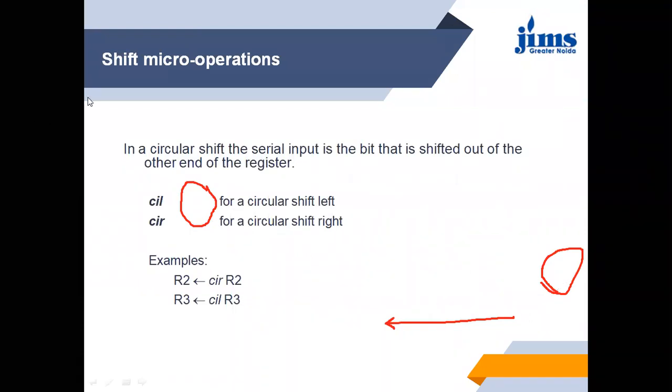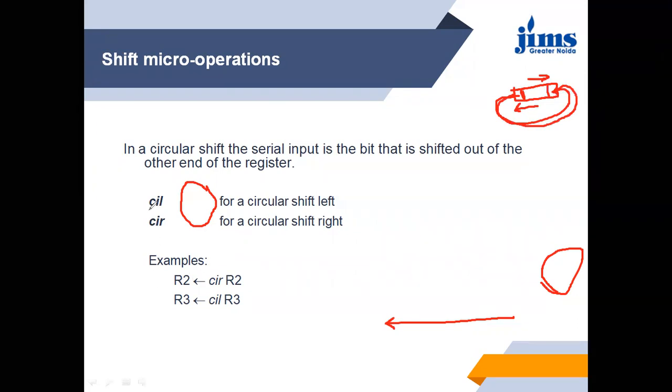Then circular shift. Circular shift means when we connect the last bit with the first bit. Suppose this is a register. When the last bit of this register takes place at the first place when we are performing the right shift, or when we are performing the left shift, the content of the leftmost bit is transferred to the rightmost bit.